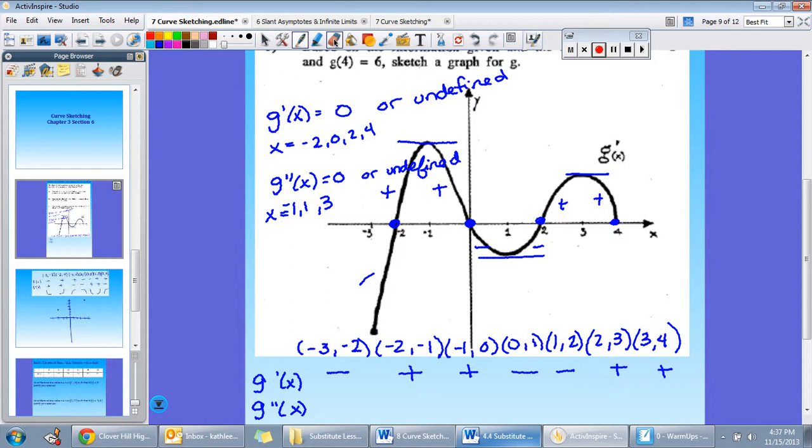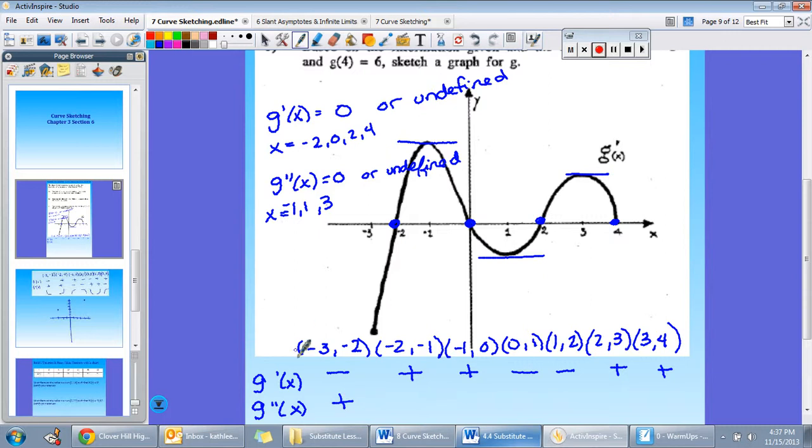Now we want to look at g double prime of x. Now g double prime of x is a little bit different because it's the slope of g prime, and we're given a graph of g prime. So g double prime is really the slope of this graph. So this is a positive slope all the way to -1.